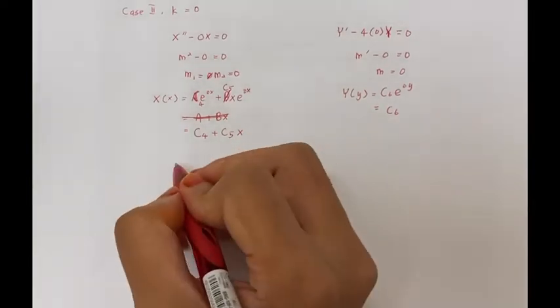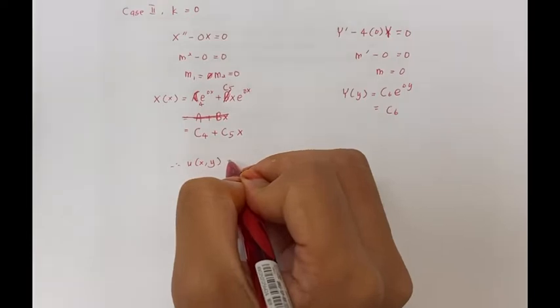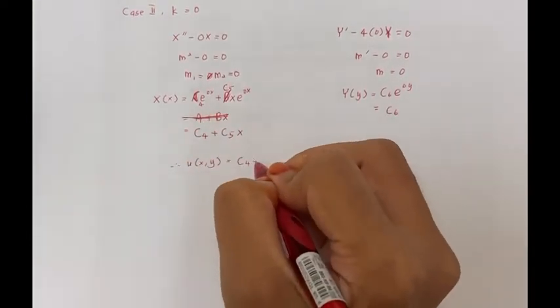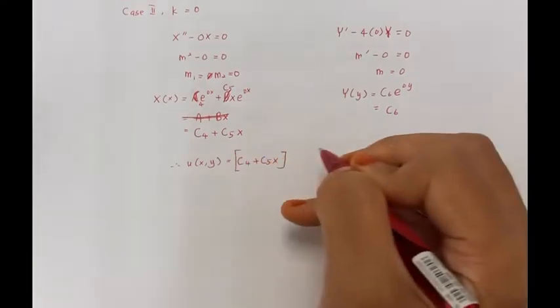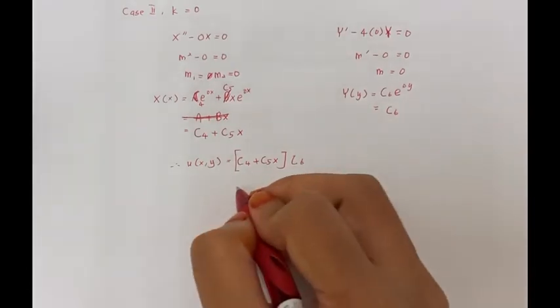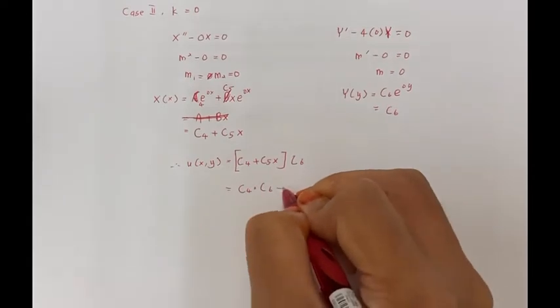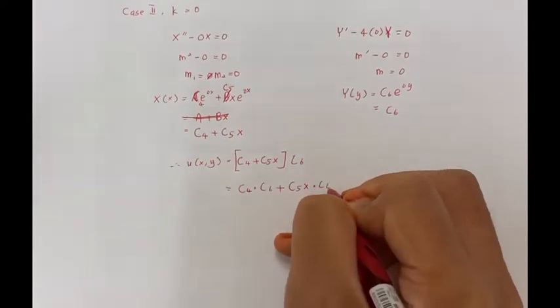And then do not forget to write your Uxy. Copy your x. Your x is C4 plus C5x multiplied by C6. So you have C4 multiplied by C6 plus C5x multiplied by C6.